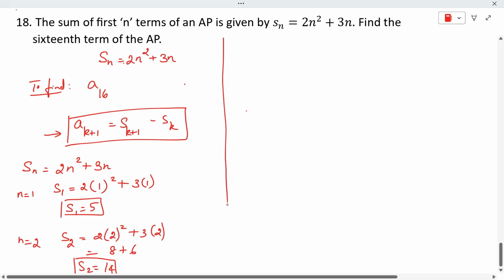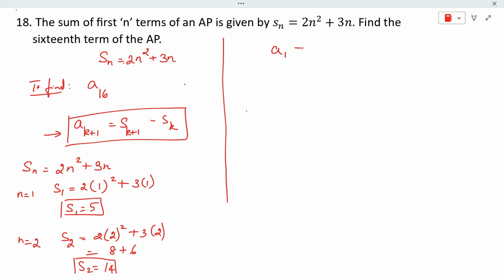So now, in order to find the 16th term, I need to know the value of A and D. So first frame the sequence using whatever we know. Remember, the first term of an AP is nothing but the sum of one term, that is equal to 5. This is nothing but A1. So the first term is 5, or simply we call it A. The second term of the AP can be found using the relation by substituting k as 1.